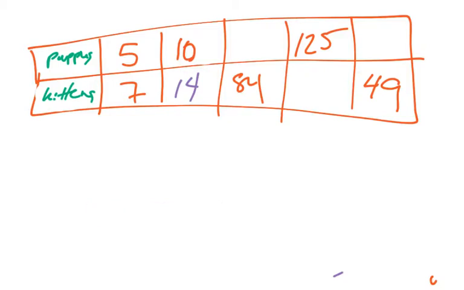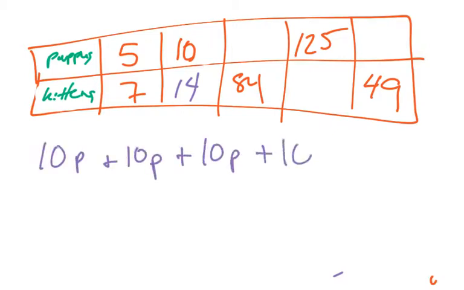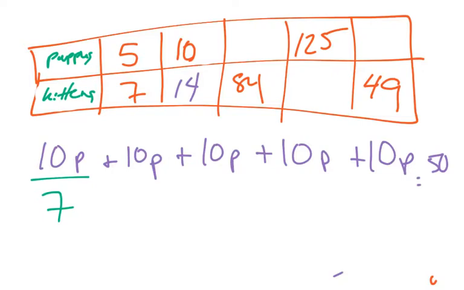Let's see. I know that 10 puppies plus 10 puppies plus 10 puppies plus 10 puppies plus 10 puppies is 5 groups of puppies. That would give me 50. That's not exactly 125, but let's start adding some up. That's 7. Nope, that's not true. That's 14. You always gotta watch out.